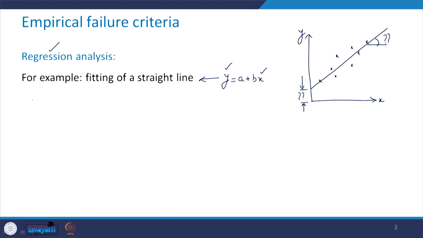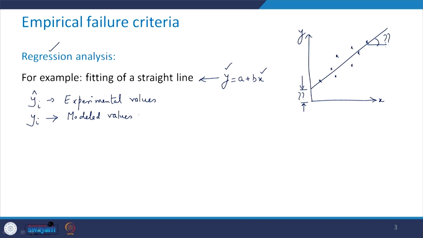Say I represent here yi cap, these are the experimental values, and I represent another term yi for the modeled values.